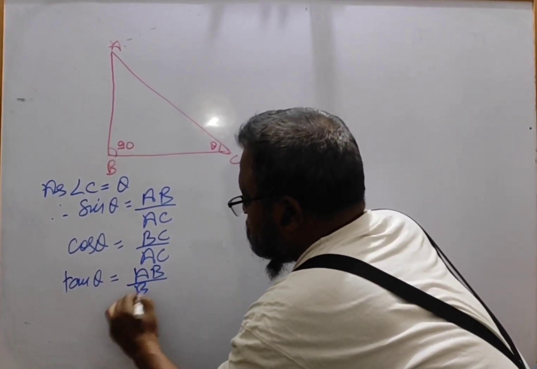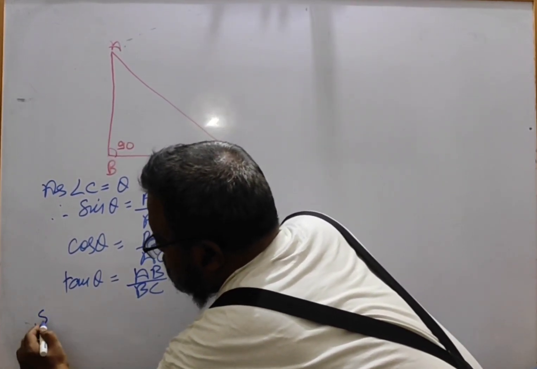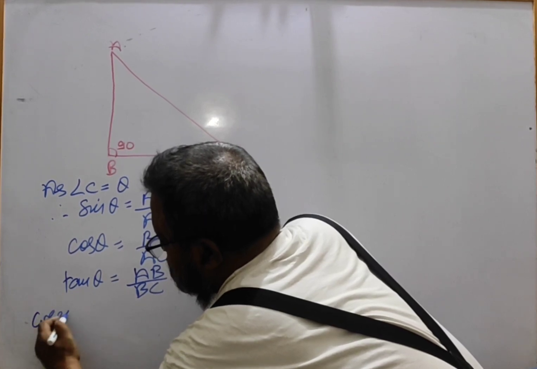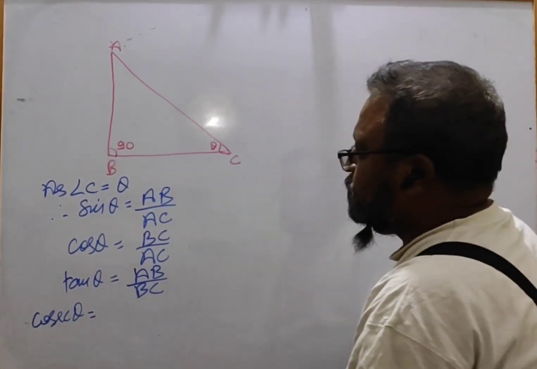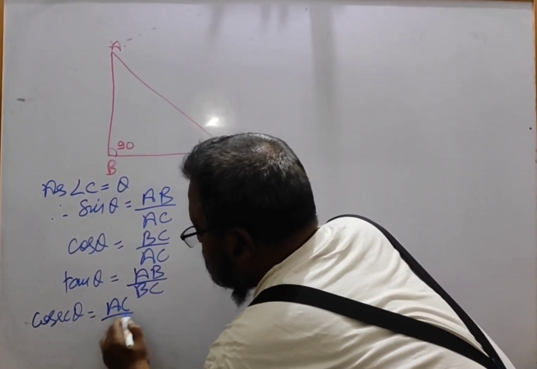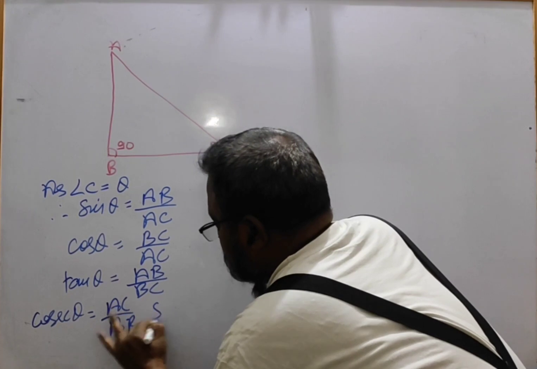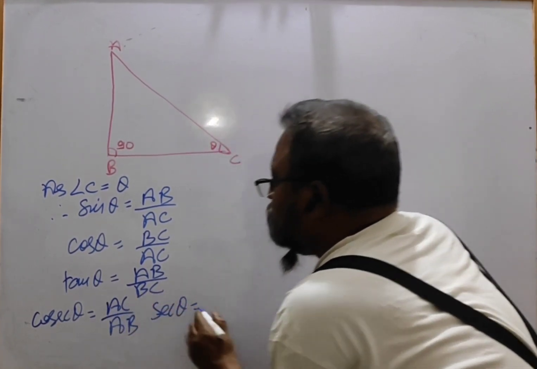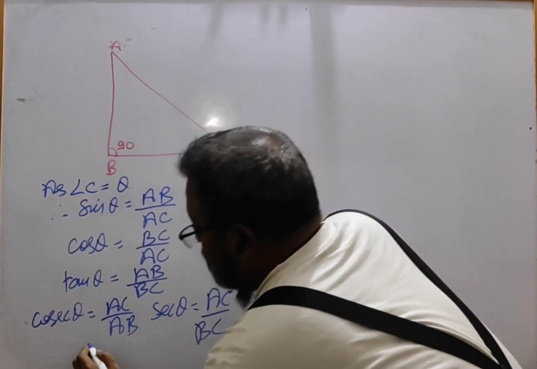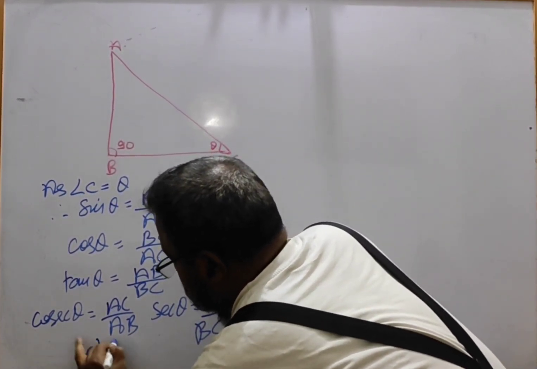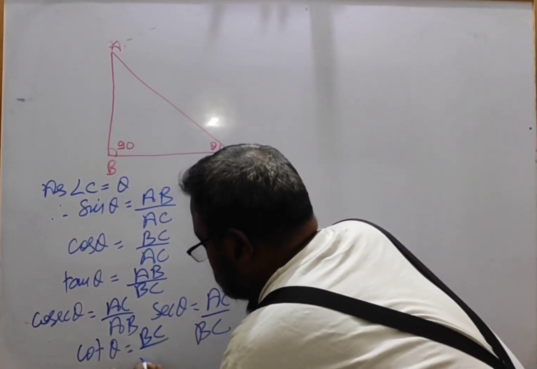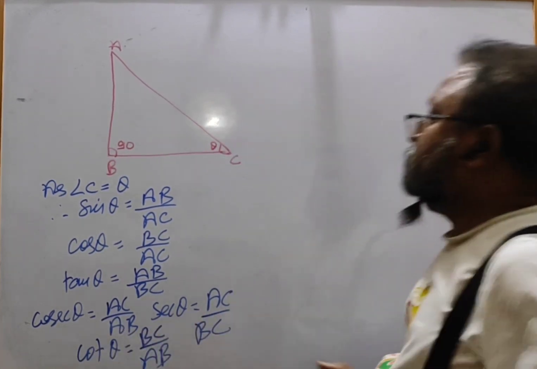And cosec theta, that is the inverse of sin, is AC upon AB. Sec theta is equal to AC upon BC, and cot theta is equal to BC upon AB.